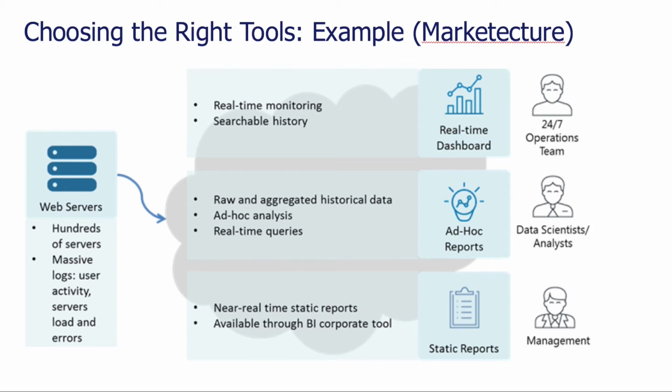The second group is data scientists and analysts, who take the log files and analyze what's going on with the traffic, the click-through analysis, and so on. Management, meanwhile, wants to see the capacity of our system. Do we need to buy more servers? Do we need to increase infrastructure, and so on?